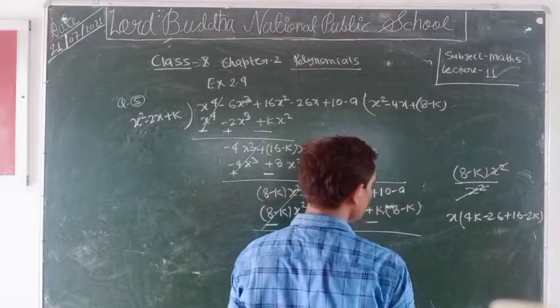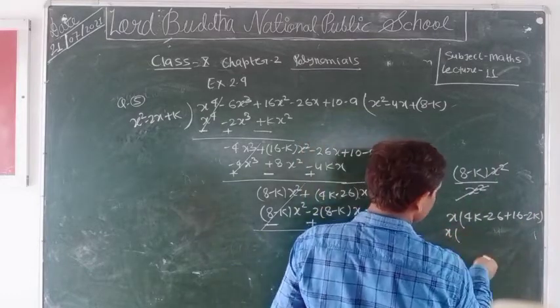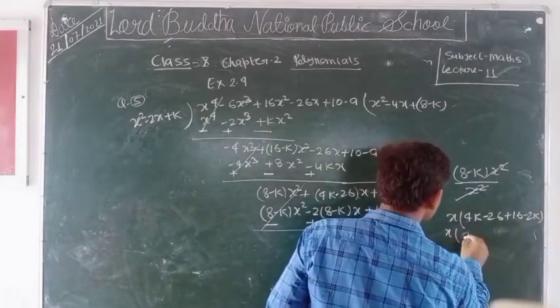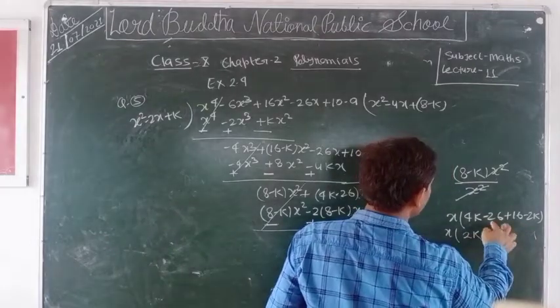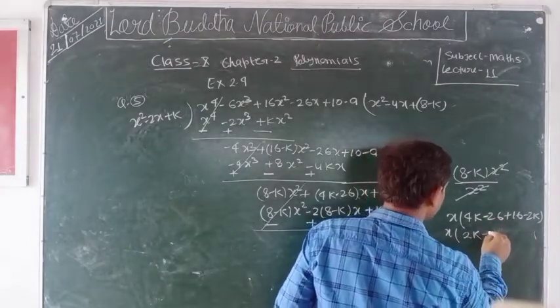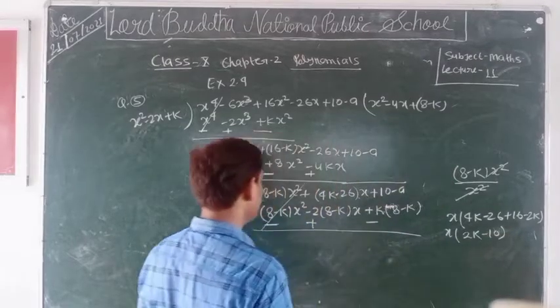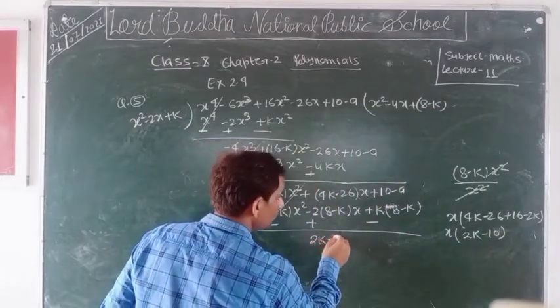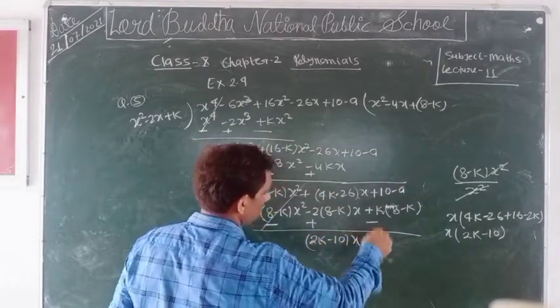Now see that x, 4k minus 2k means 2k, minus 26 plus 16 means minus 10. Here we write 2k minus 10 into x.